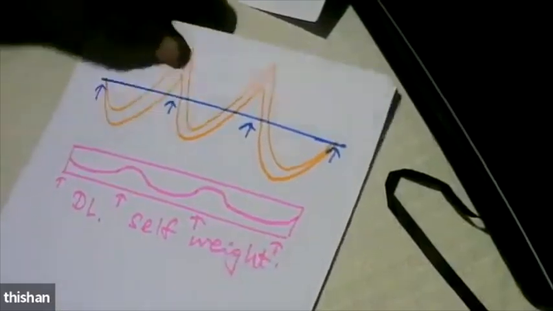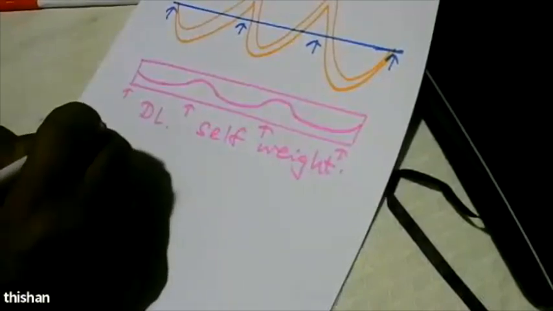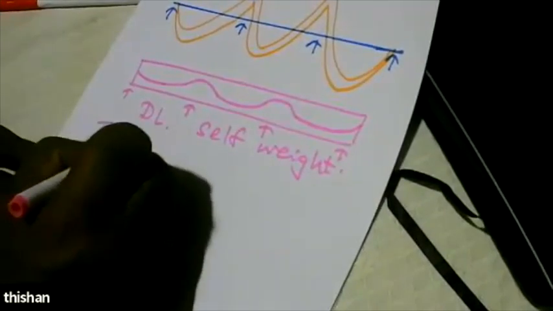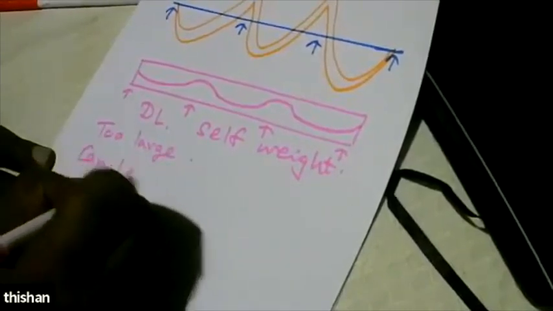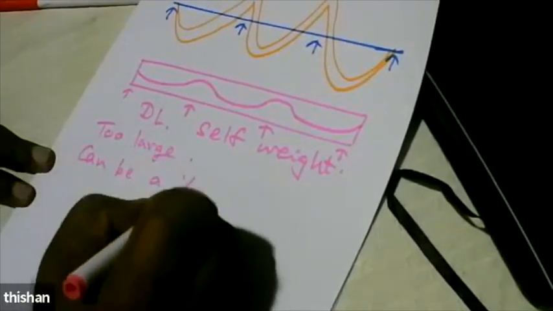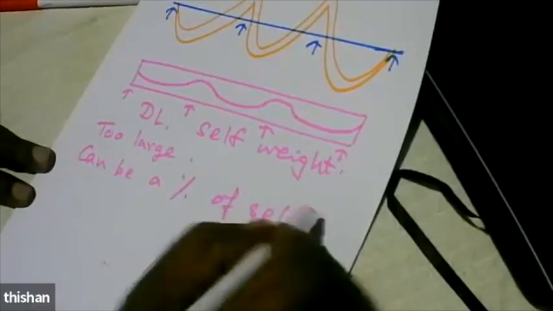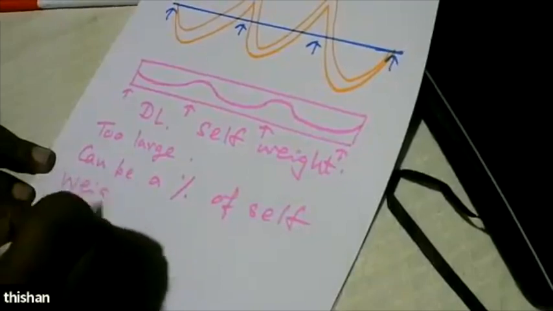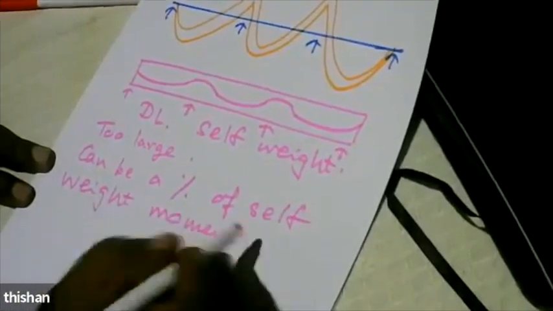So we say when you have secondary moments, they should not be too large and can be a percentage of the self-weight. If they are too large, what will happen?